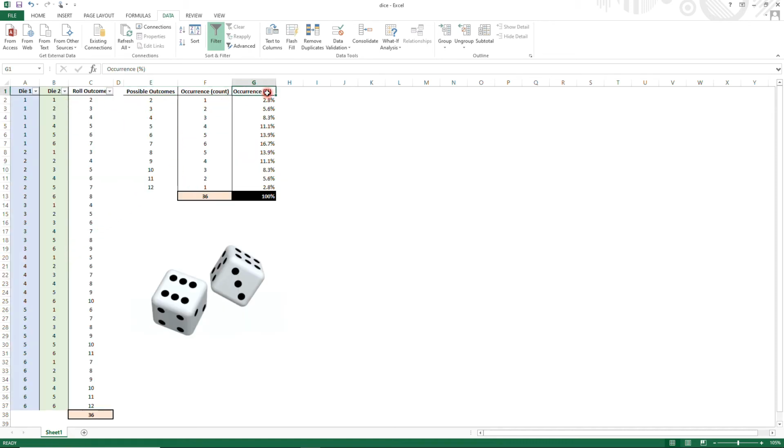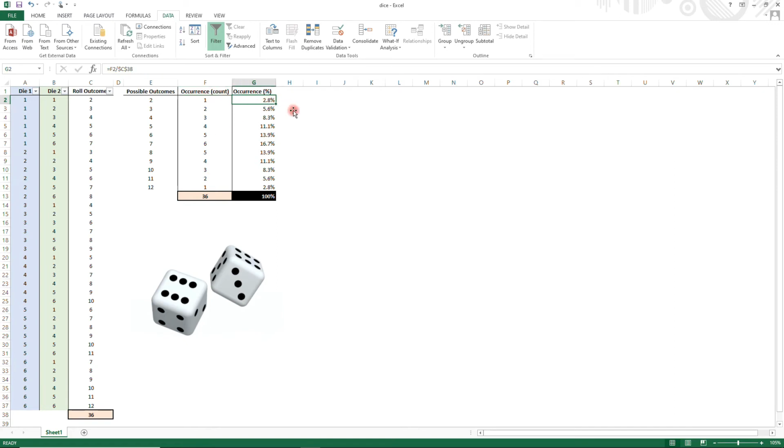And the last thing that I did was just to calculate the percentages, or in this case, the probabilities of those outcomes occurring. So if you simply divide this count, for example, I have 1 out of 36, so that's 2.8%.